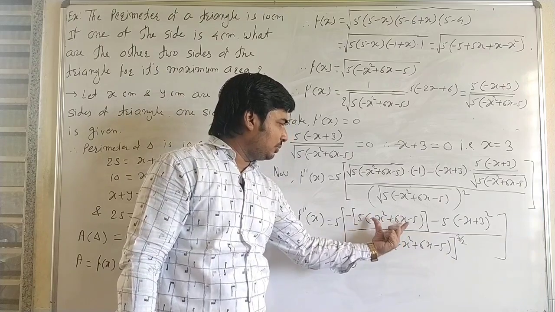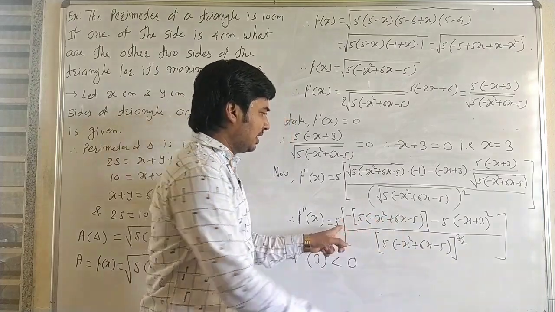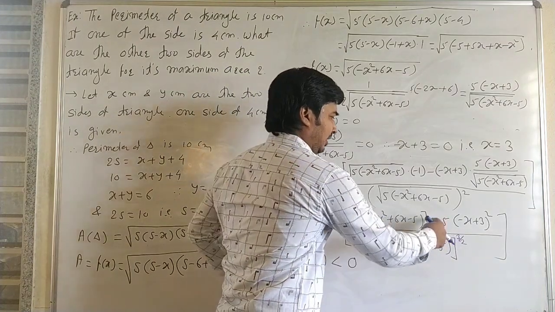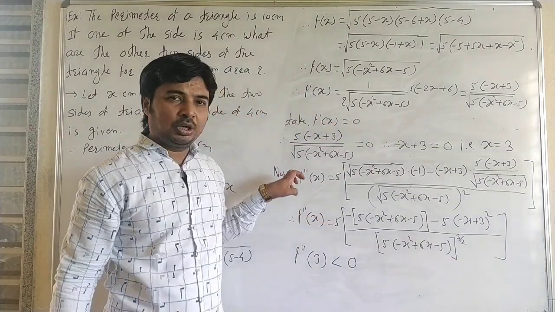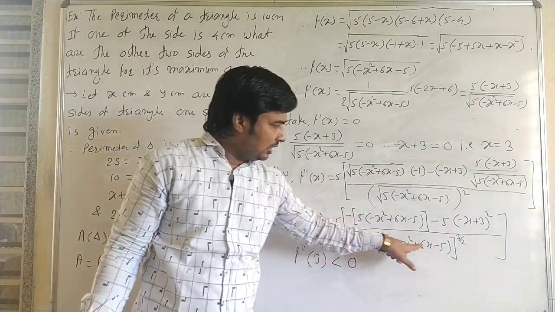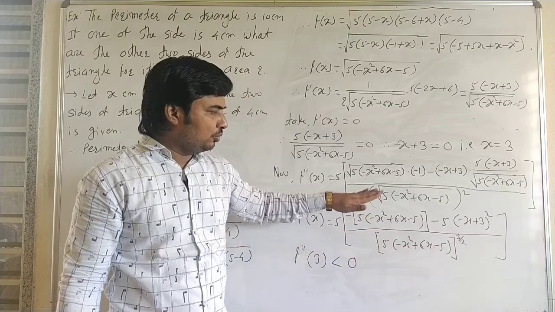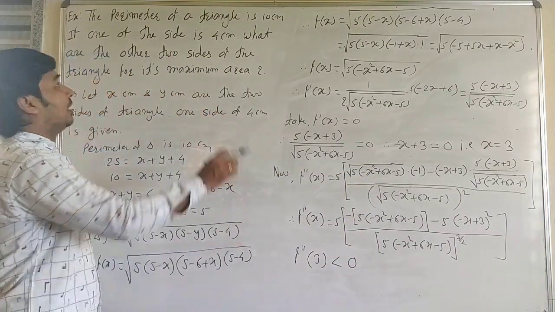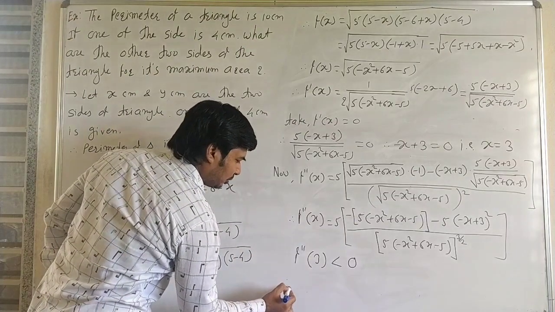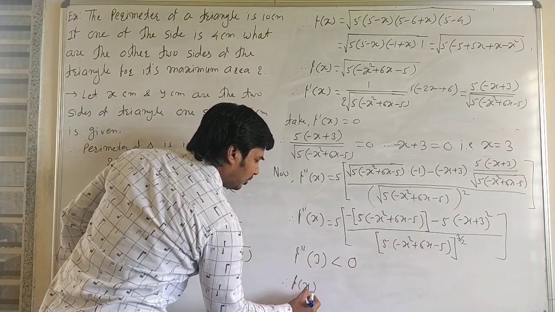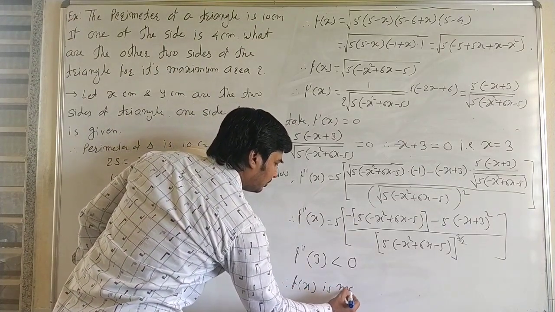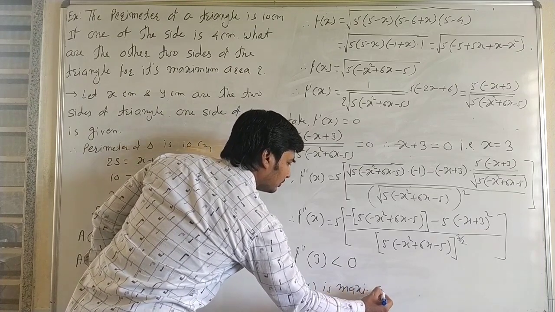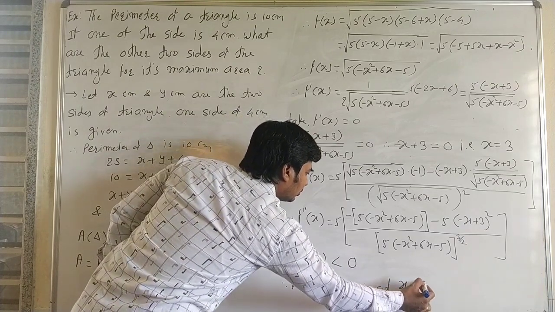Plus 4 into this, that means this term is plus, therefore it is minus. This whole term is negative and then this second term is also negative, that means the numerator is completely negative. Okay, then this term is positive, so total is less than 0, and less than 0 means area maximum, and therefore f of x is maximum at x is equal to 3.